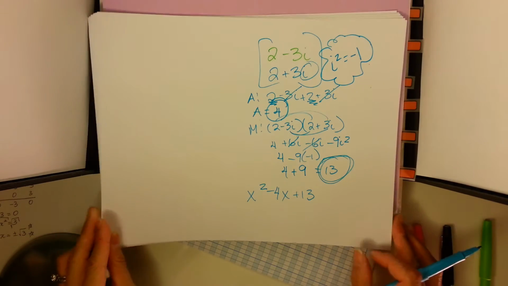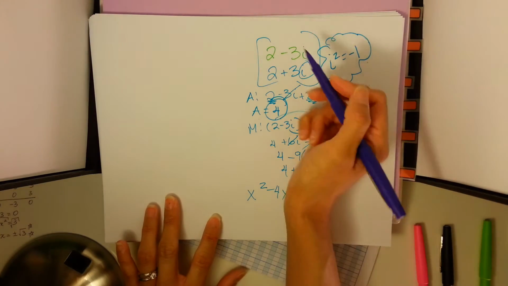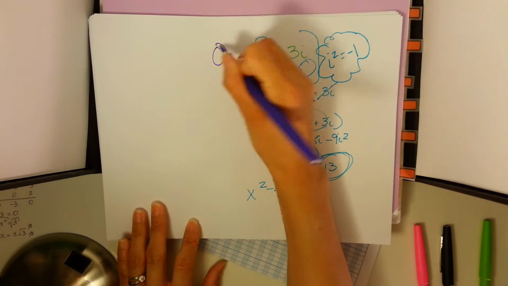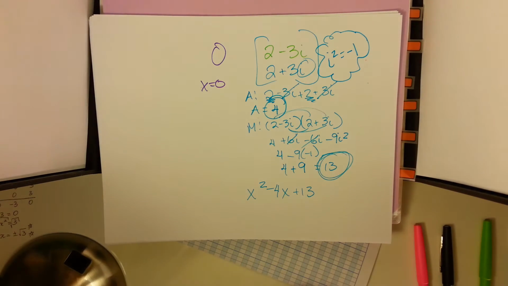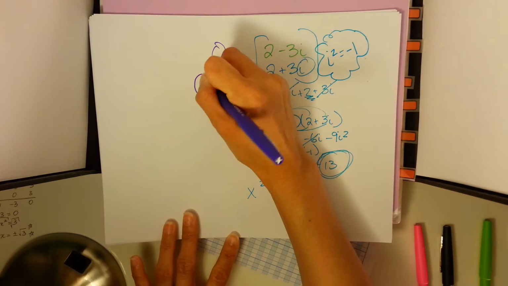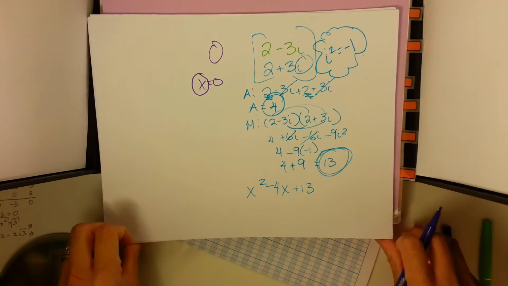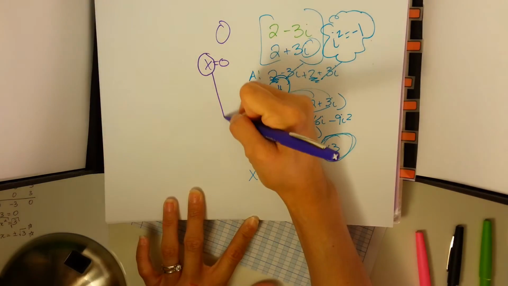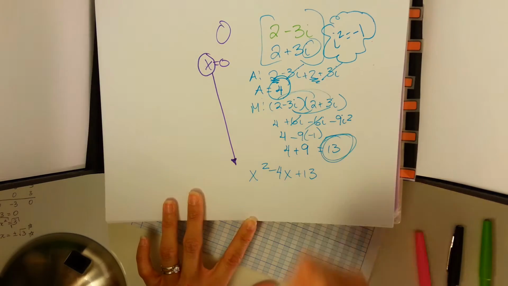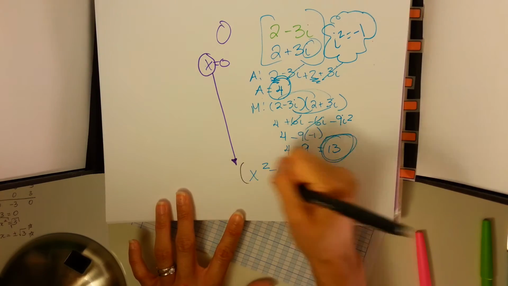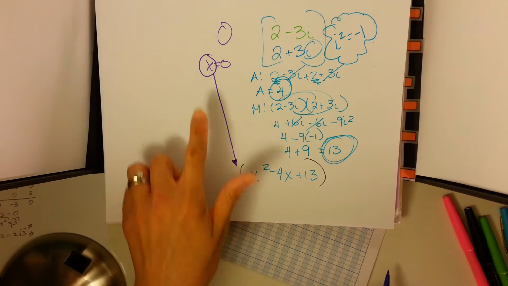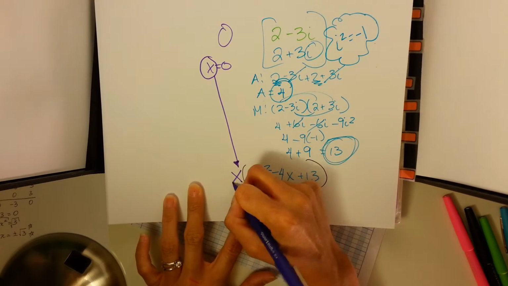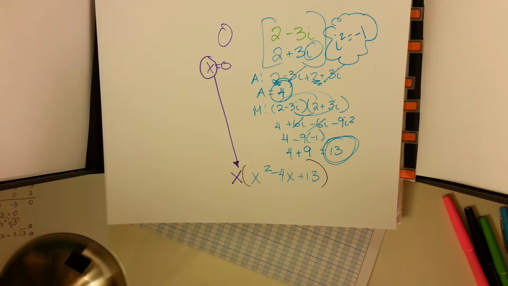Now, I saw this mistake on y'all's quizzes. If I told you to add a root that was 0 to this, right, x is equal to 0, what the heck would the factor to that look like? Well, this is the factor. What you set equal to 0 is the factor. So if you recall, if you had actually been working backwards and had just come from factoring something like this, you would have just had an x in front, right?